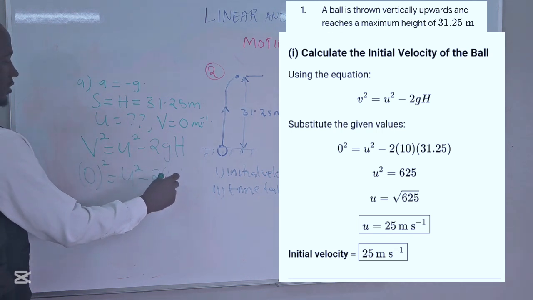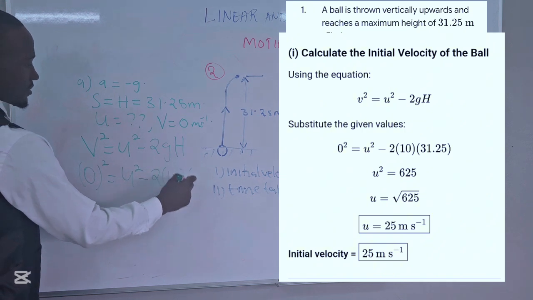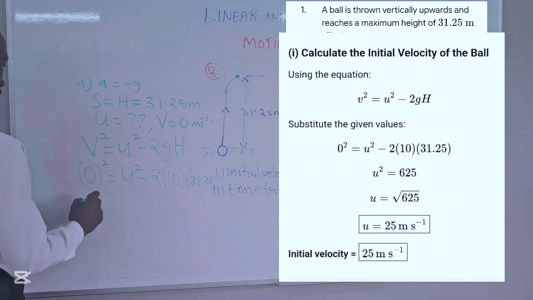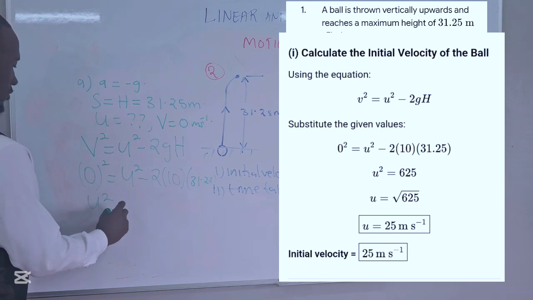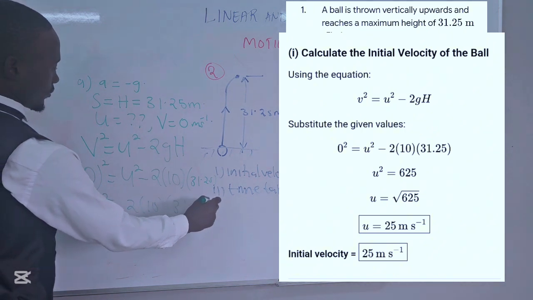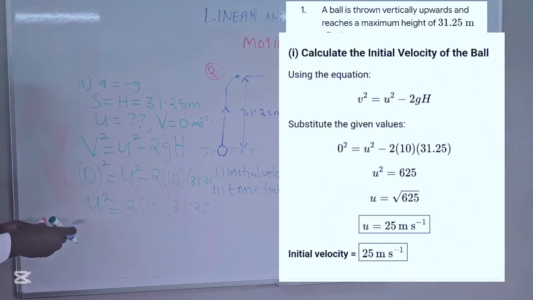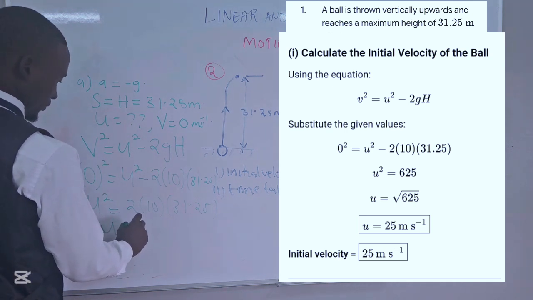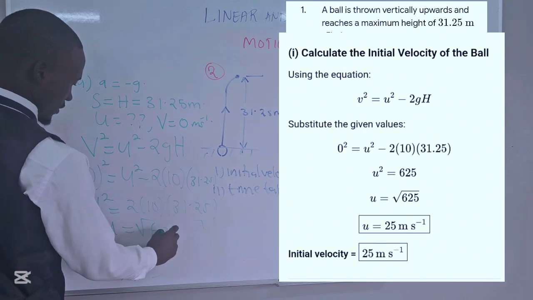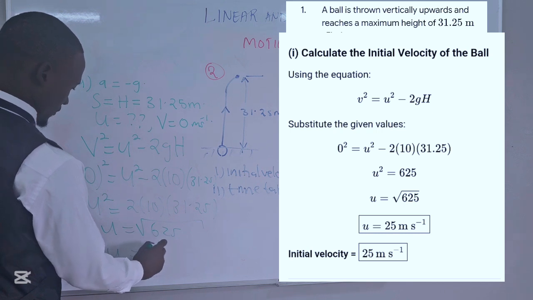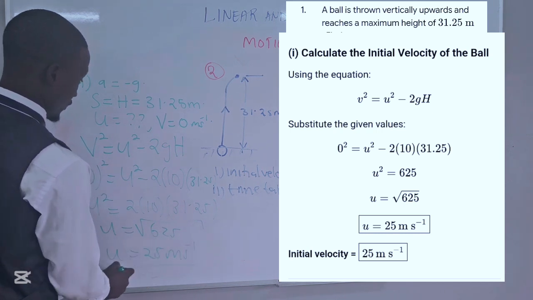So u squared is going to be 2 times 10 times 31.25, and if you do everything correctly, you're supposed to get u as the square root of 625, which is 25 meters per second.